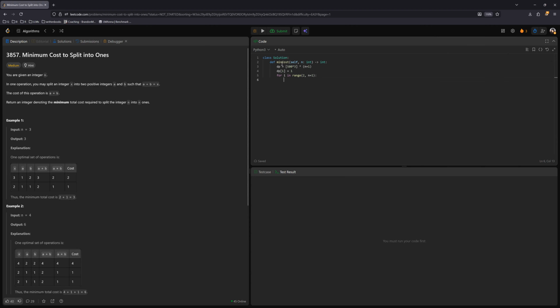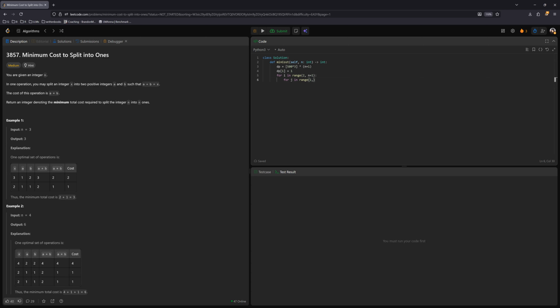Okay, so we need 2 numbers for j in range, well, honestly, 0. No, because it would have to be something that you were adding together. Yeah, so 1, 2, I guess i, right?